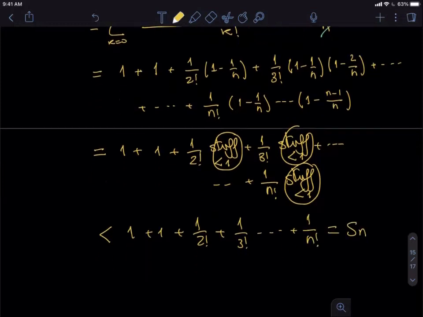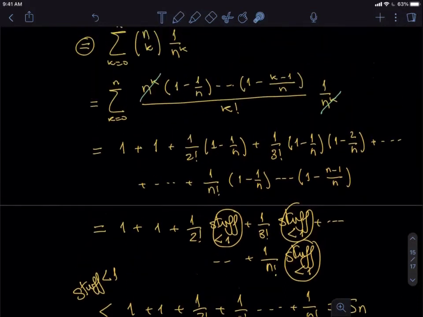This is because the stuff is less than 1 in all the cases. This is, of course, not very technical. I'm writing stuff because we are explaining the proof from the book. But you can just make a note saying, well, 1 minus 1 over n, or 1 minus 2 over n, or in general, any of these terms are going to be less than 1. So I can just estimate them by 1 and get something larger.